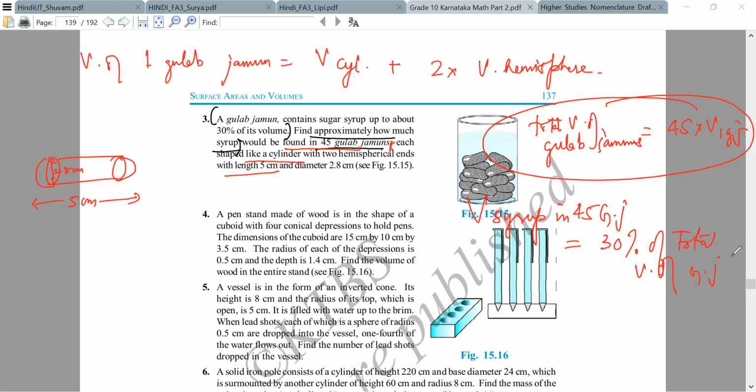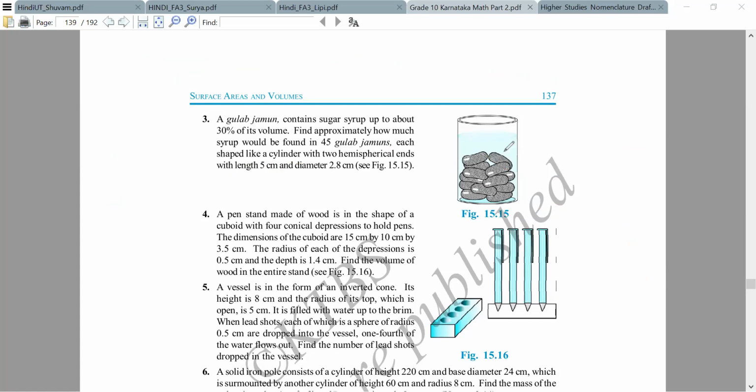Correct. Now notice this. Someone asked me, Tulsi asked me, what is this? They have not given us anything about this cylinder. This cylinder is irrelevant, not related to the question. It's just a deception. It's not relevant, your diagram.